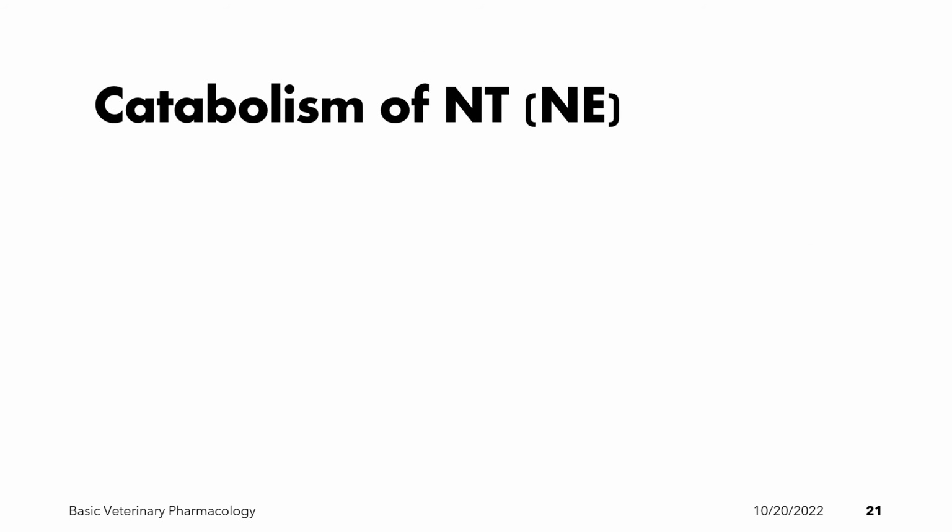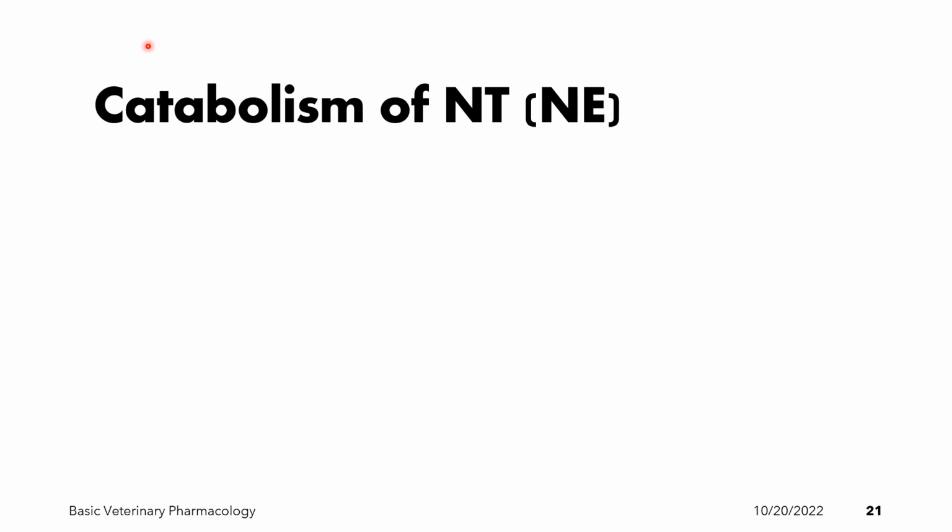So not all of the neurotransmitters will be able to bind to the receptor. Some of those will be broken down in the synapse, and some will undergo reuptake towards the presynaptic cell or presynaptic neuron. And this process is known as the catabolism of the neurotransmitter.